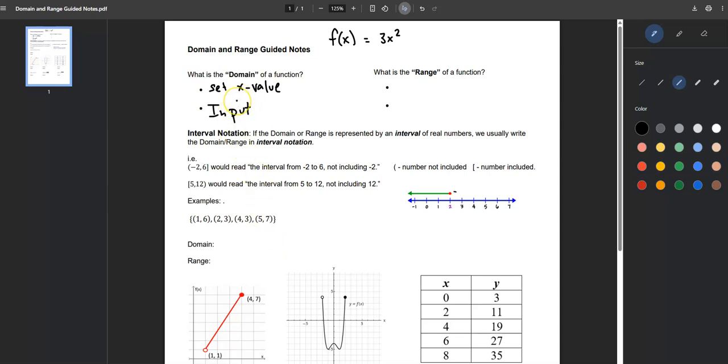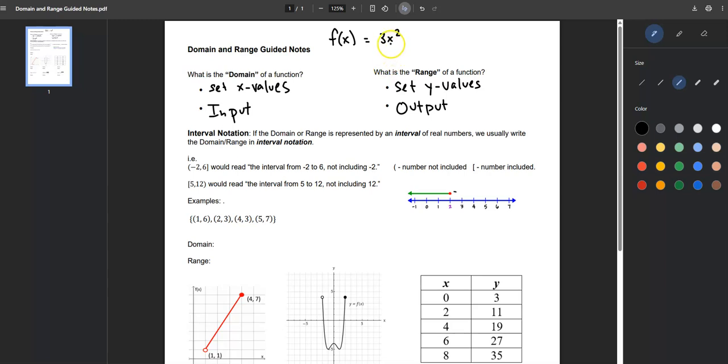So for example, you can't divide by 0, right? So if there's an x in the denominator, you're going to have to exclude that x value as an input value, okay? Your range is going to be the set of y values. And again, this will most likely be your output. So it's the number you get out by plugging this in, okay?